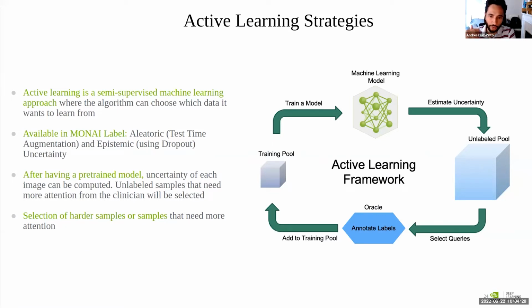So every time the oracle, the expert, the clinician says, send me the next image that I want to annotate, the pre-trained model will send the most uncertain one from the model perspective, the most difficult one, right? In this way, every time the user fetches an image, it will send the most difficult, the user annotates the image, and then once it's annotated, it will be part of the training pool. The model will be updated, and the idea is to increase the performance every time the user provides more labels.